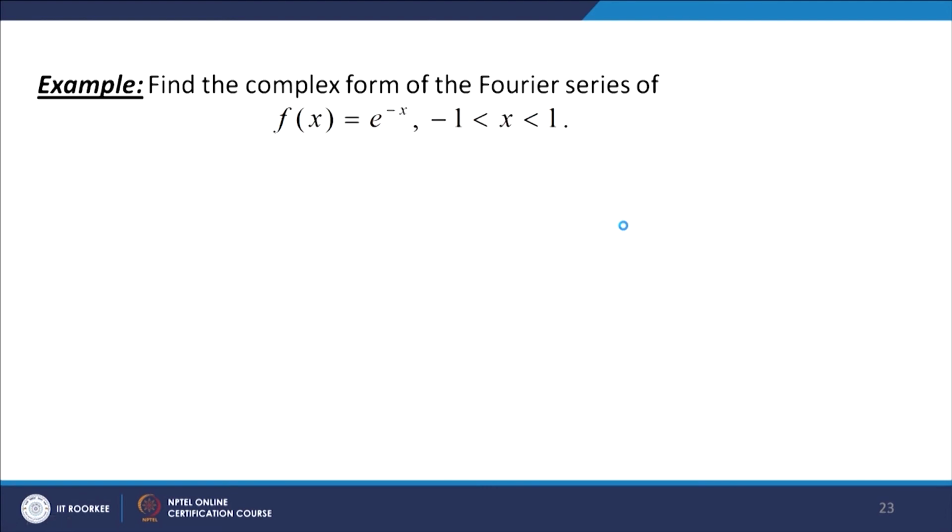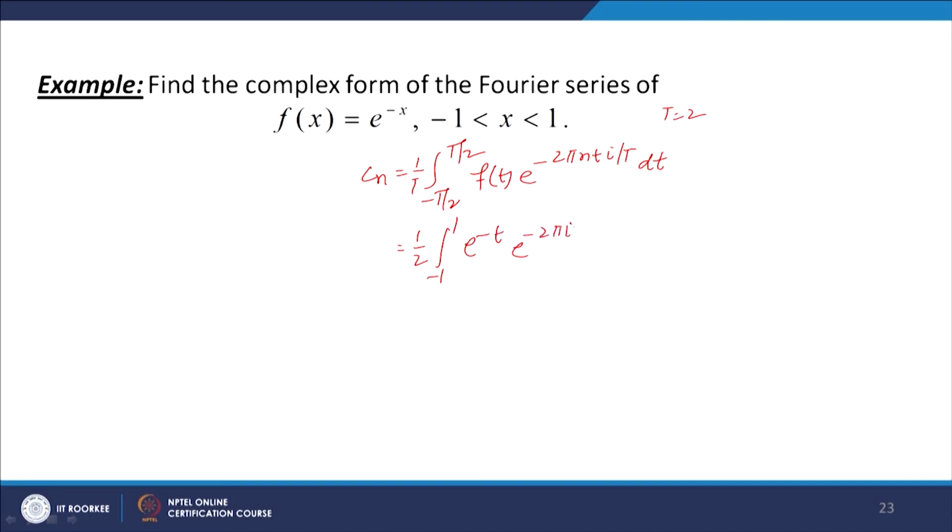Okay. So, let us put here f(t) equal to e to the power minus t, T is equal to 2. So, we get 1 over 2 integral from minus 1 to 1. Okay. T is equal to 2 here, and f(t) is equal to e to the power minus t. So, we get e to the power minus 2 pi i n t divided by 2 dt. Okay. So, we get here this 1 over 2, then we integrate this by parts, and when you integrate and evaluate this, you will get the value of C n.